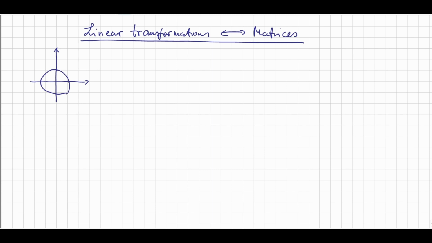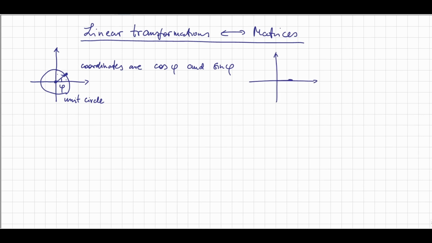So let us consider a unit circle, and let us consider a vector with angle phi. Then this is a unit circle. Then the coordinates of this vector, by definition, are cosine of phi and sine of phi.